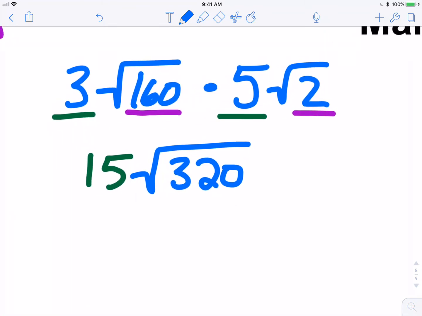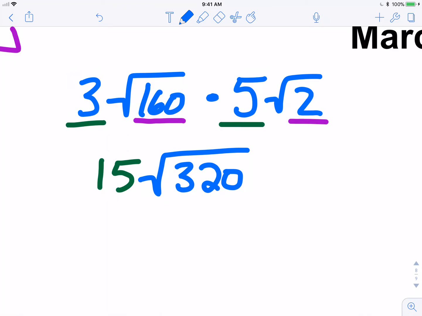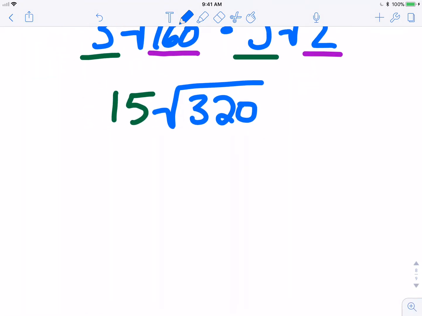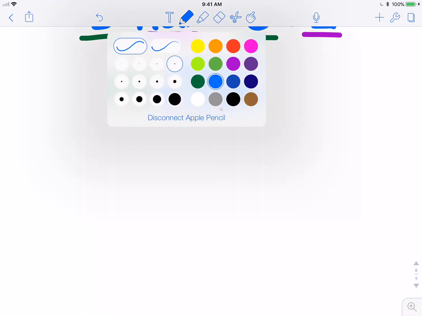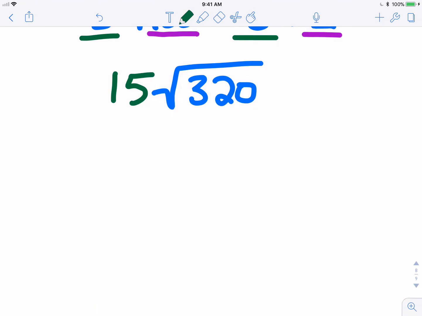You wouldn't want to simplify this first. You don't want to sit there and simplify 160 because you might have to end up simplifying it again anyway. So you might as well just multiply first and then worry about how to simplify your product. So for 320, I could pull out something like rad 4 again. It's helpful to think about the largest perfect squares so you don't have to end up doing this 2 or 3 times.